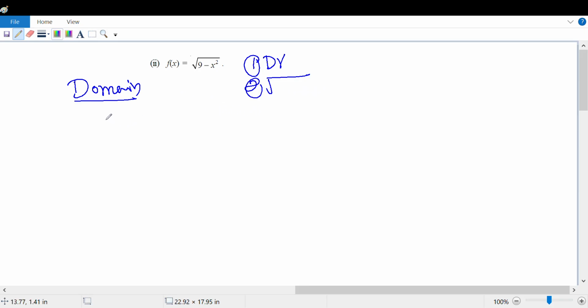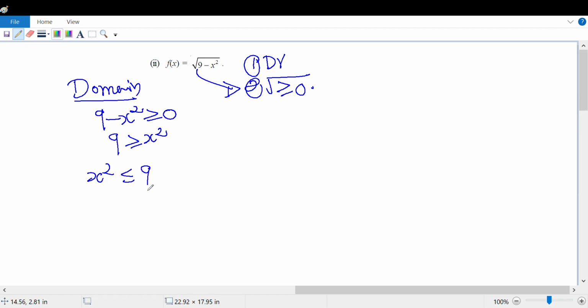So that's why in this particular question, 9 minus x square must be greater than or equal to 0 because of this constraint. So 9 is greater than or equal to x square, that is, x square is less than or equal to 9. So x will vary as minus 3 less than or equal to x less than or equal to 3.